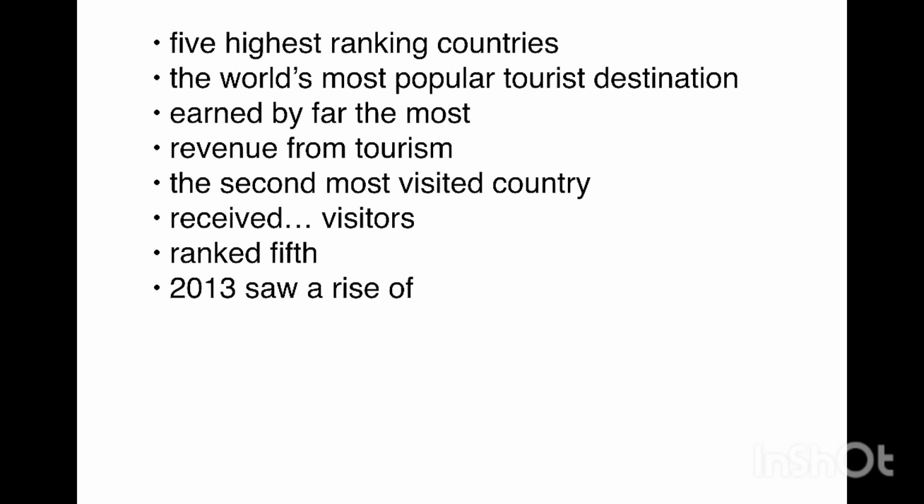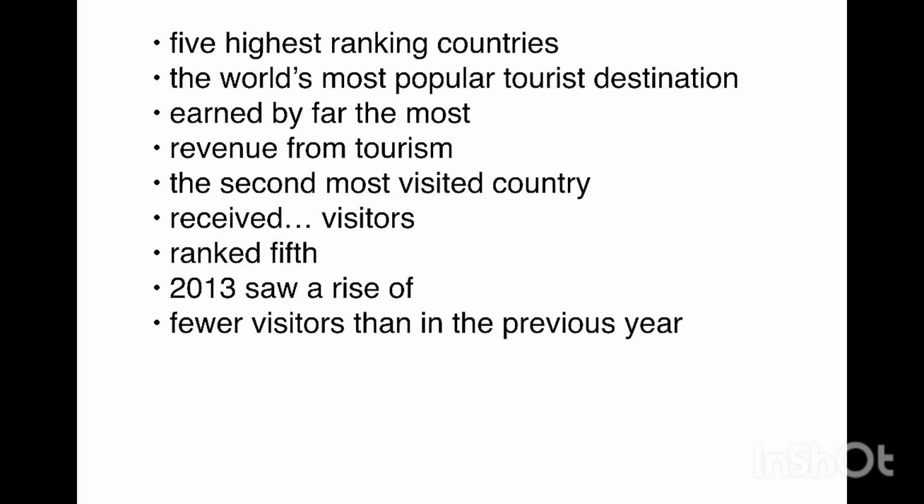2013 saw a rise of. If you've watched my previous video lessons, you'll know that I like to use this phrase with C. You can say that with a country as well. You can say France saw a rise in number of tourists, or the year in this case, 2013, saw a rise of.